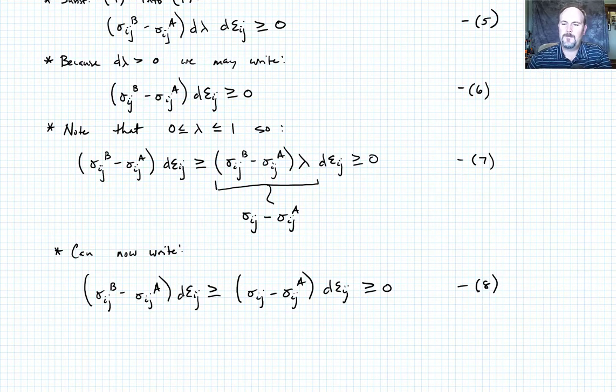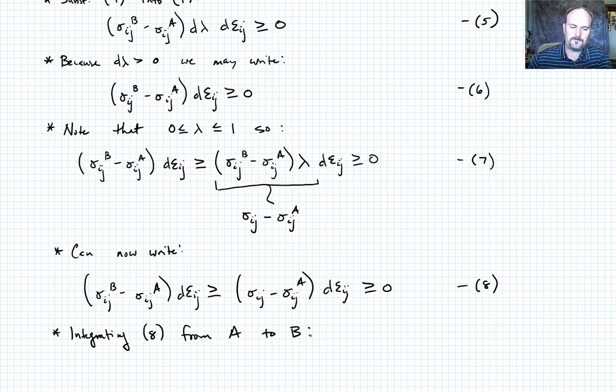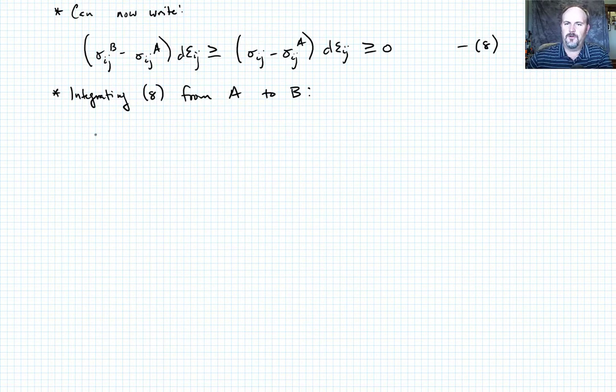Now I'm going to integrate equation 8 from a to b. The first integral, integrating over epsilon, is the integral from epsilon ij a to epsilon ij b of sigma ij b minus sigma ij a, d epsilon ij.